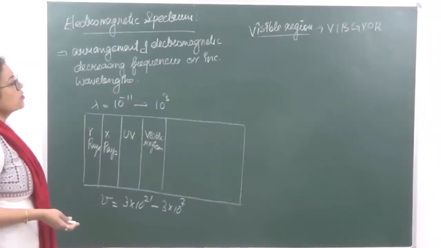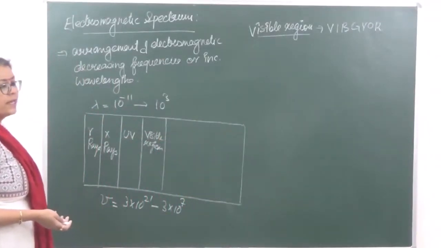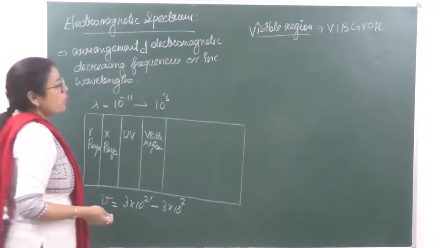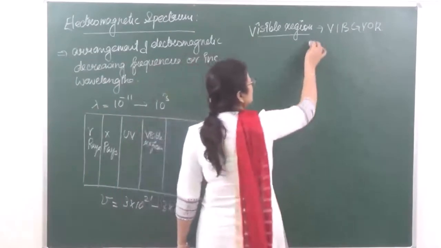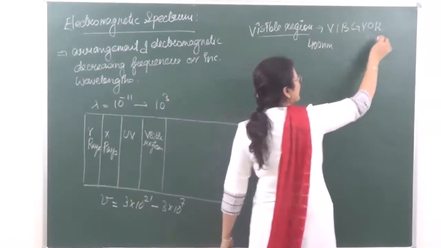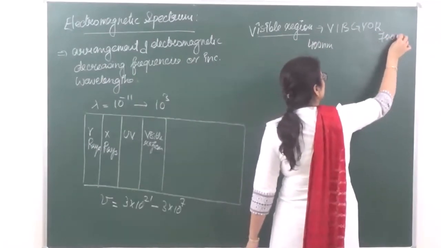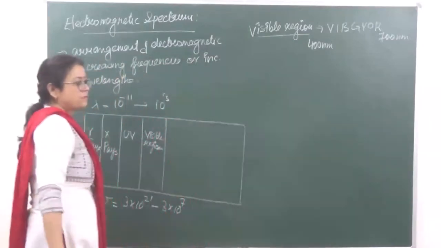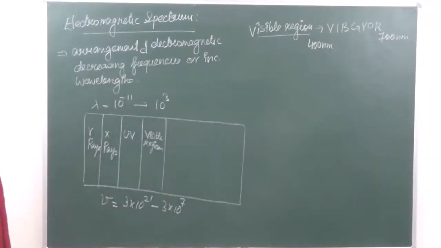And Vibgyor means what? Violet, indigo, blue, green, yellow, orange and red. That is what Vibgyor is. It approximately starts from 400 nanometers and ends up to 700 nanometers. Right? So violet has 400 and it keeps on increasing from violet to red.